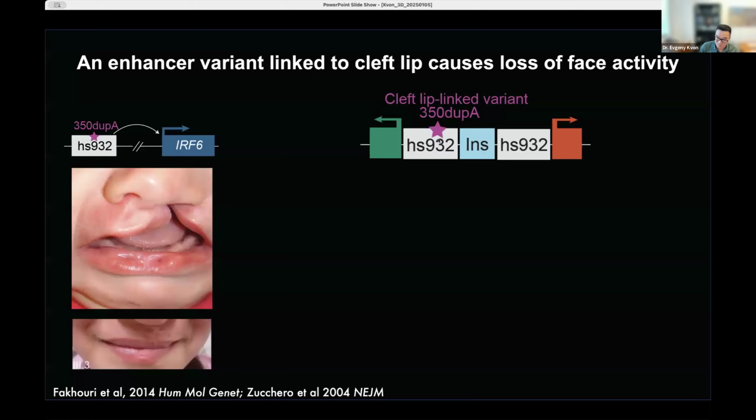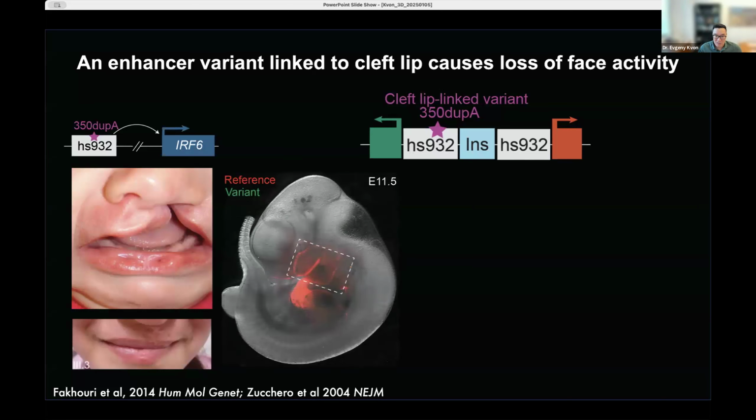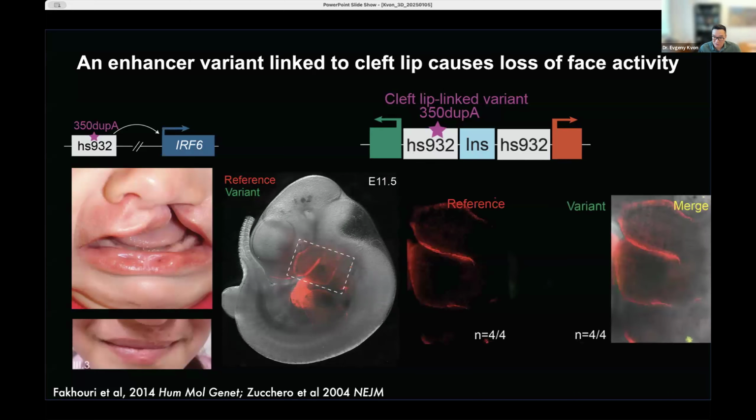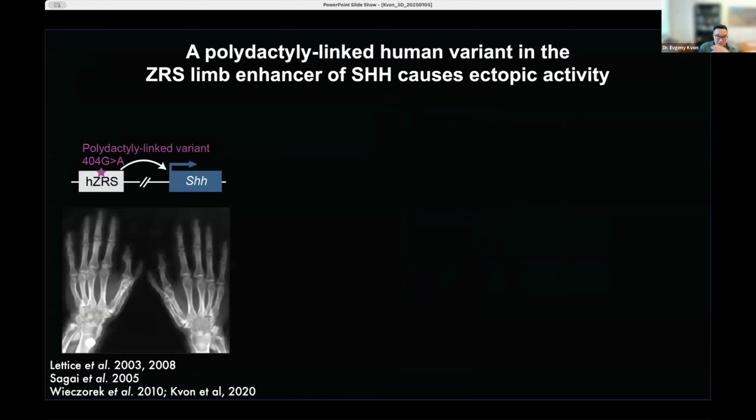When we put this variant allele and the reference allele in a dual insert, so we call this method dual insert, you can see that the embryos have only red activity driven by the reference allele, but there's no green activity because it was killed by that variant, right? So in the same embryo, we can compare quantitatively. Another thing which is cool about this method is that it's a quantitative comparison, right? So it works.